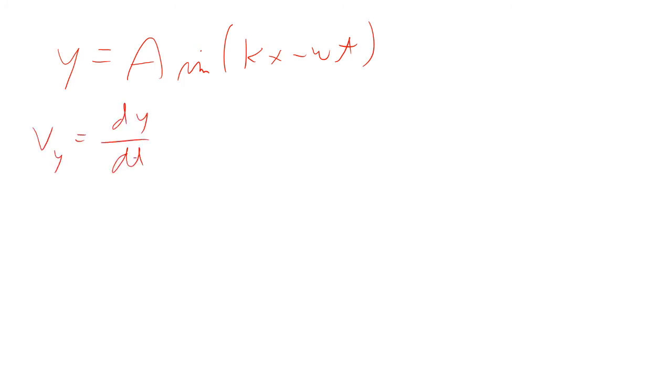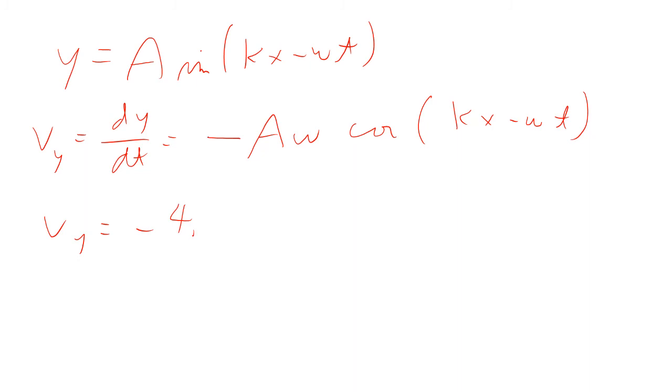We know that y equals A sine(kx minus omega t). So v sub y is dy/dt. If I take a derivative of that, that's going to be minus A omega cosine(kx minus omega t). And so Vy is going to be equal to minus 4.75 feet times 1.62 hertz times cosine of kx minus omega t.